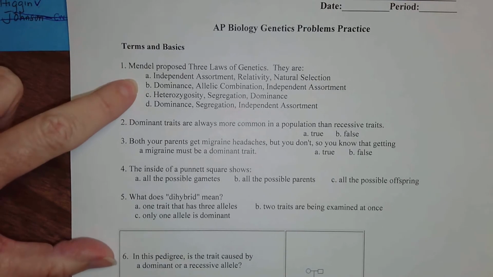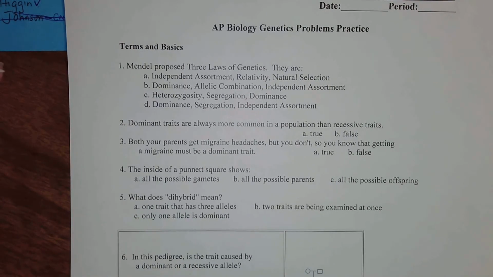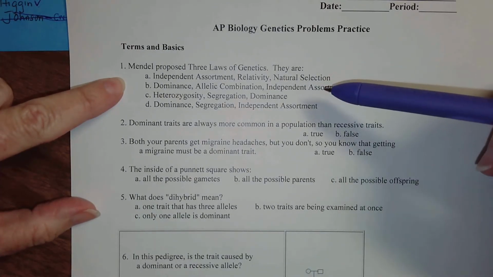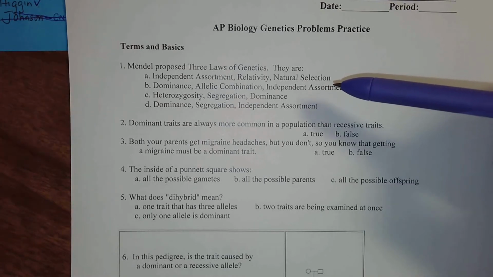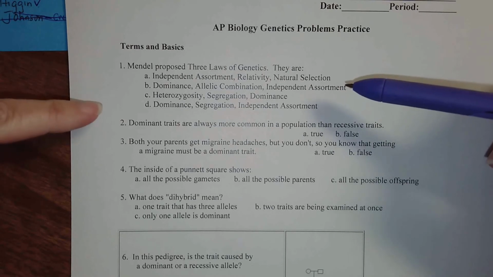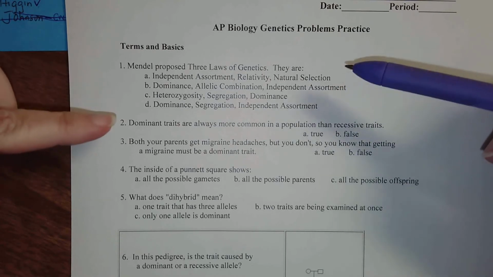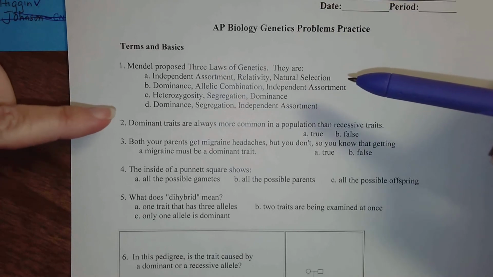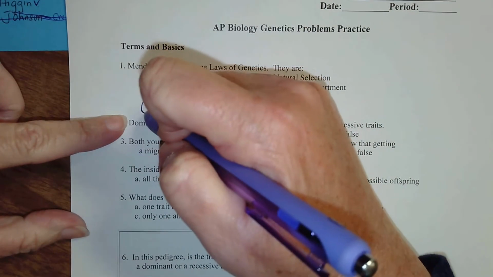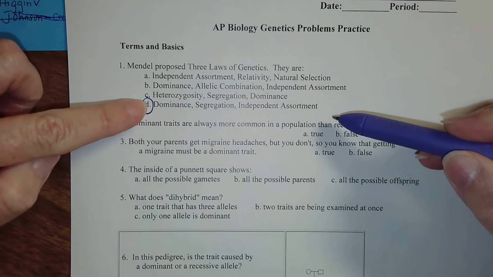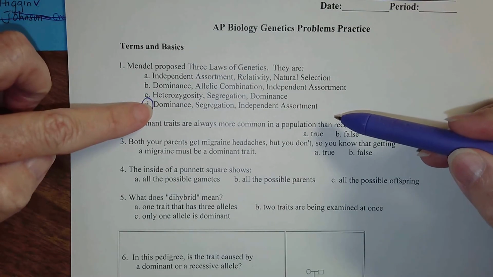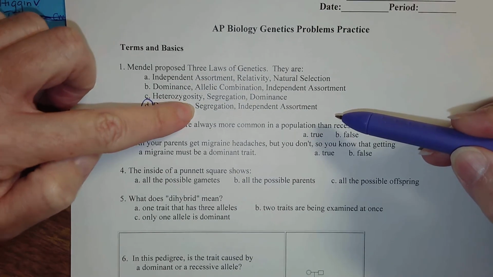All right, this first one is just based on your prior knowledge about Mendel. He came up with 3 laws of genetics, basically to explain what he saw with the data that he collected from pea plants. And we'll get into this a little bit more later, so this was just kind of seeing if you had an idea of some of this vocabulary. What Mendel was able to come up with, he figured out dominance, he figured out segregation.